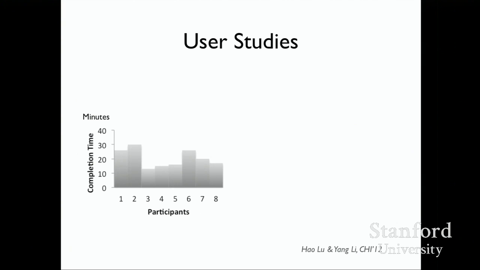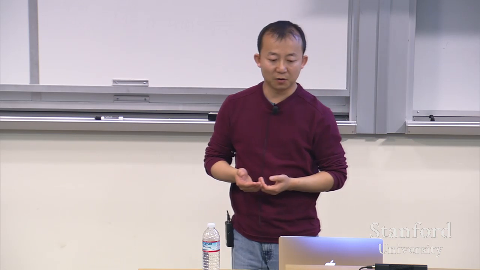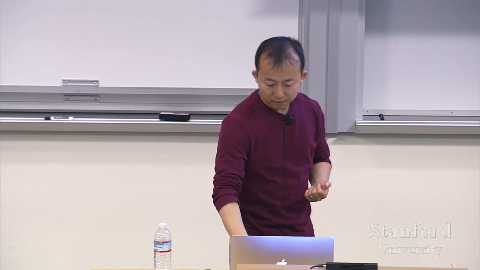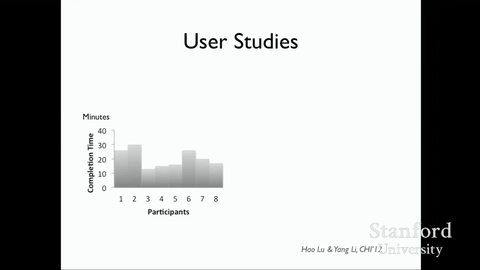So we asked 8 professional programmers who had Android experience to use the tool to enable multi-touch behaviors for an application. On average, it took them about 20 minutes to finish the task. We also compared our condition with the baseline condition when our tool was not available.